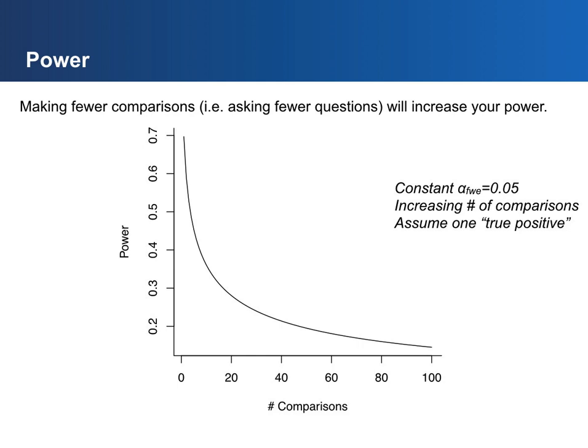So what we have to do when we make multiple comparisons is we have to change our p-value cutoff, maybe with the Bonferroni correction or something like that. The effect that this has is that our power decreases.